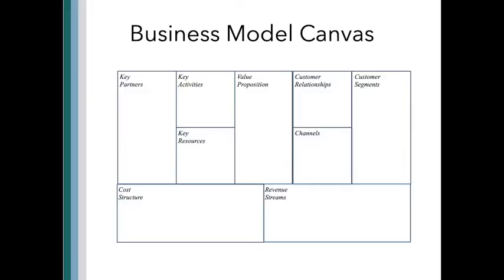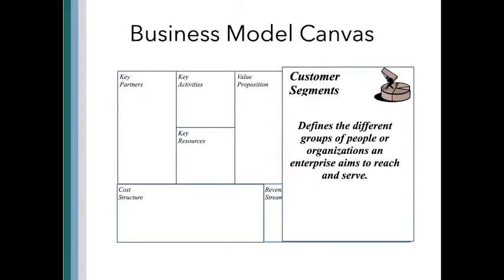Let's start with the customer segment side of things. You have to decide what segments of the market are meaningful to us, because when we have a specific section of the market out there, then we can know how to tailor our message, our value proposition, so that they understand why they should be doing business with us.